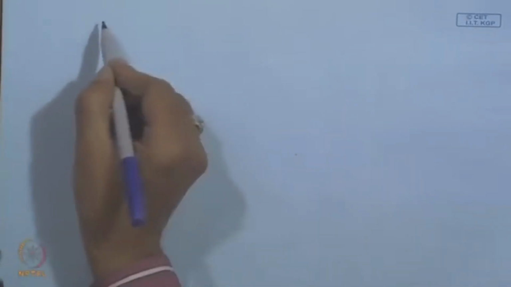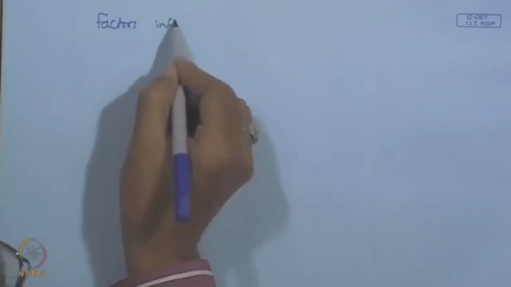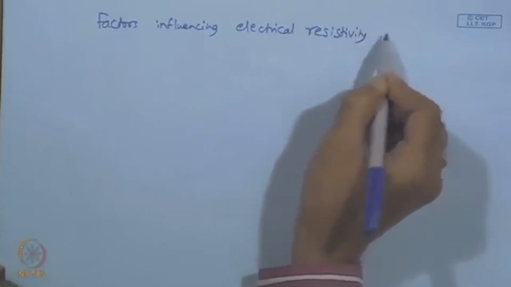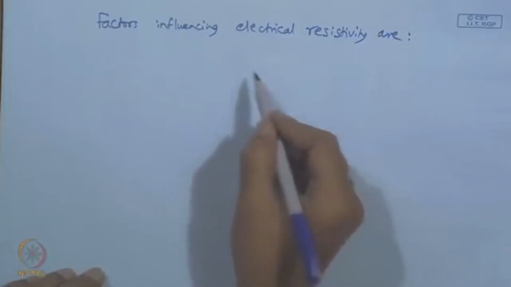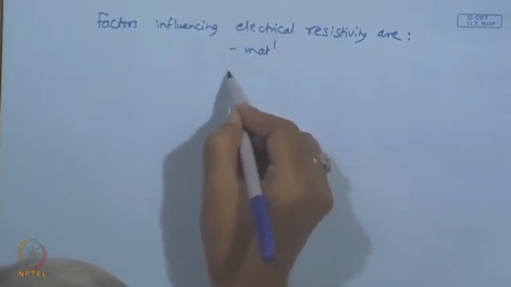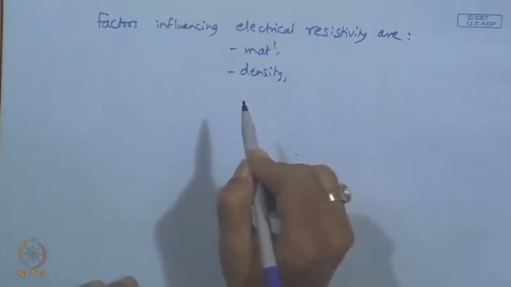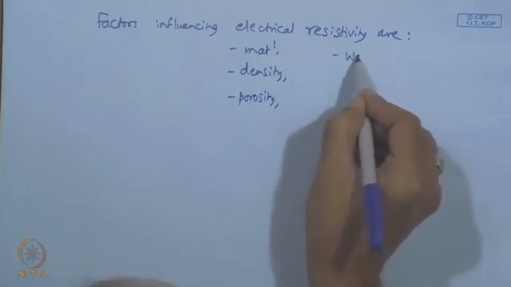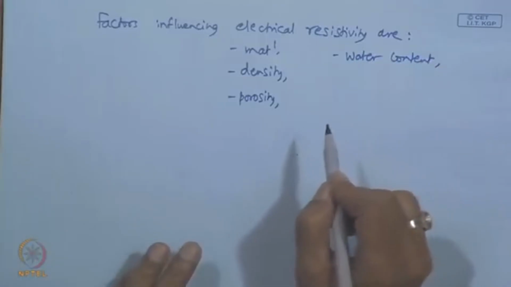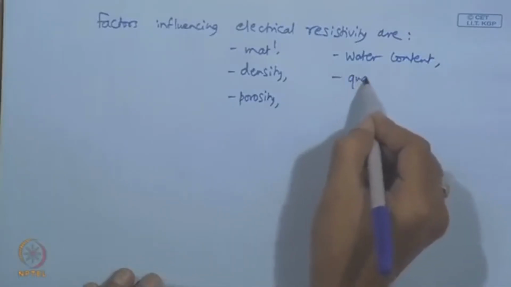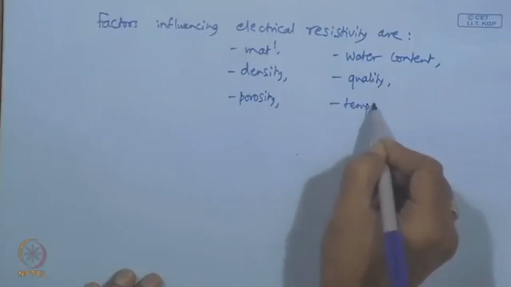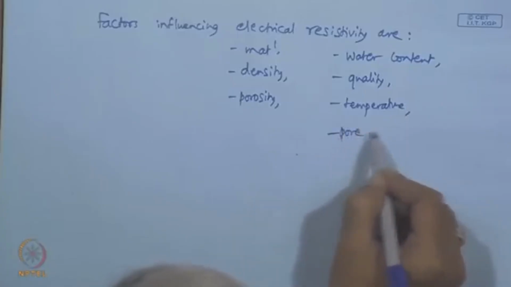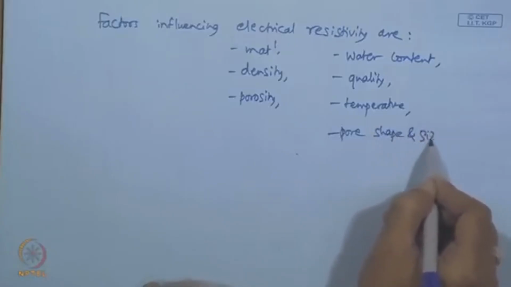The factors influencing electrical resistivity are material density, porosity, water content, quality, temperature, pore shape and size, etc.